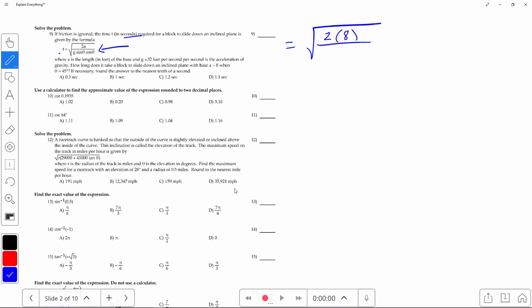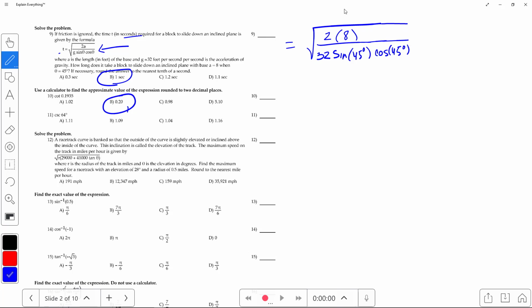So plug in A, plug in the gravity 32, and then the sine of 45 degrees, so your calculator is going to be in degree mode, and then cosine of 45 degrees, and all of this is under the square root, and you should be able to put all of this in your calculator. Okay, so oops, I circled the wrong one, and you should get the answer, which is B.